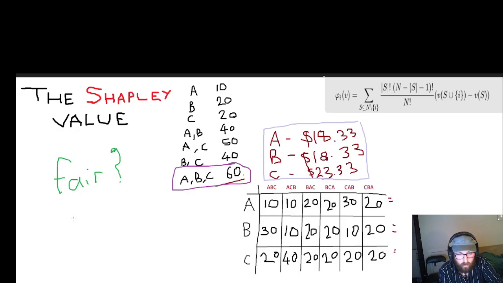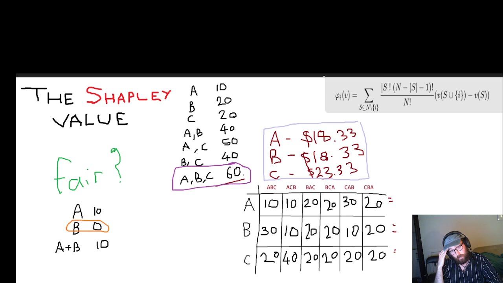This would be like if I had person A who can produce 10 and person B produces 0, and then A plus B produces 10. Obviously in this system, player B is a dummy player because they can't produce anything on their own and they have no help for A. They haven't increased the value by joining A. So by the dummy player principle, person B needs to be getting 0.